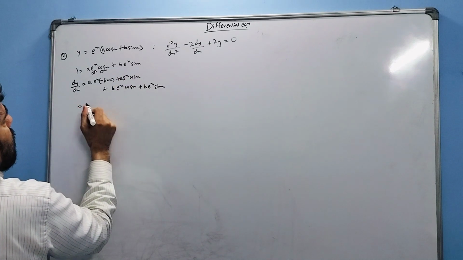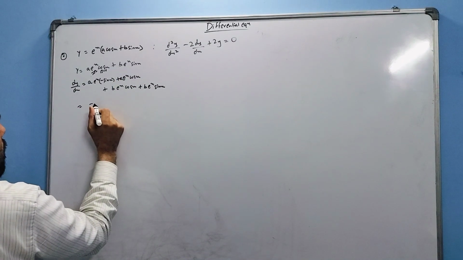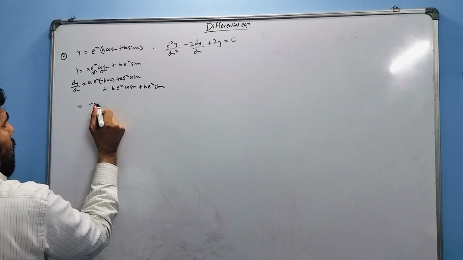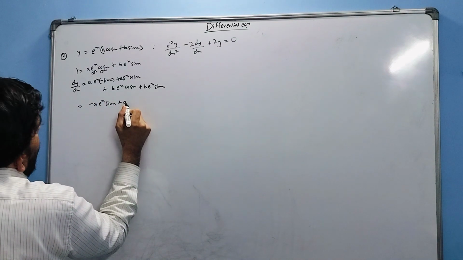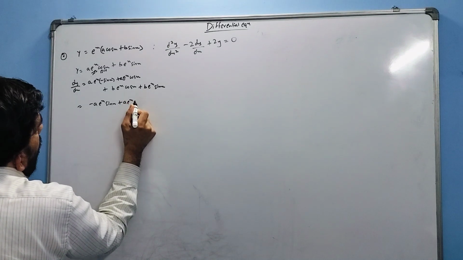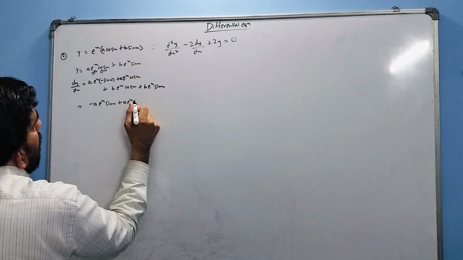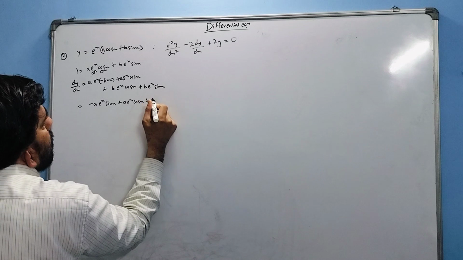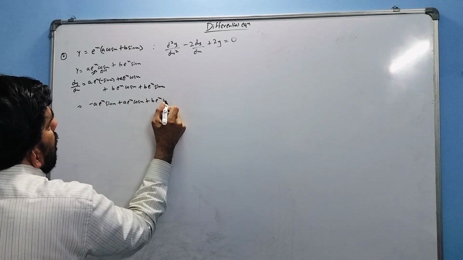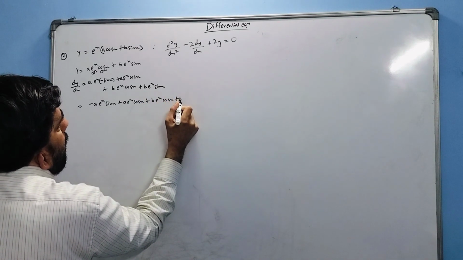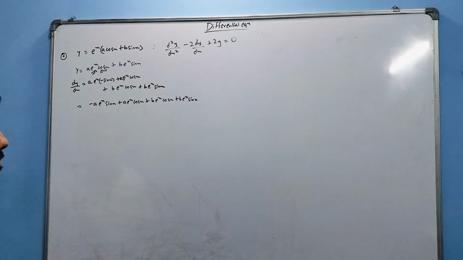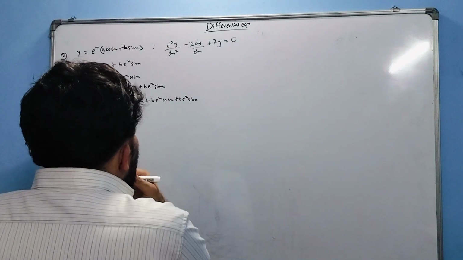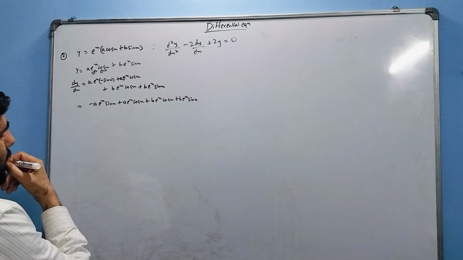So dy upon dx equals a e raised power x minus sin x plus a e raised power x cos x plus b e raised power x cos x plus b e raised power x sin x. Okay, so we have this. Now we'll try to solve it further.